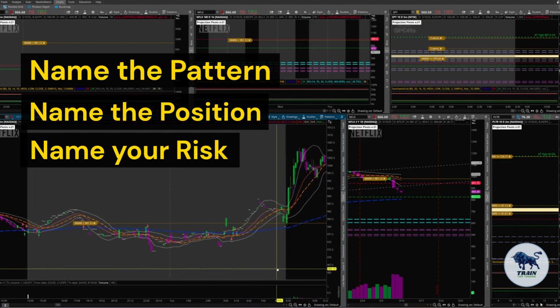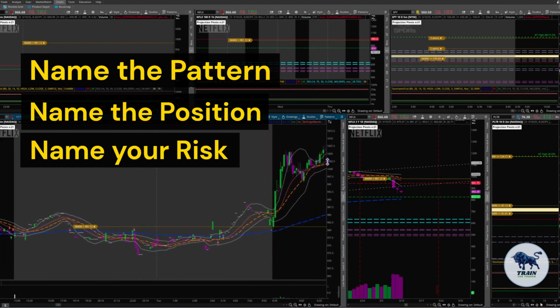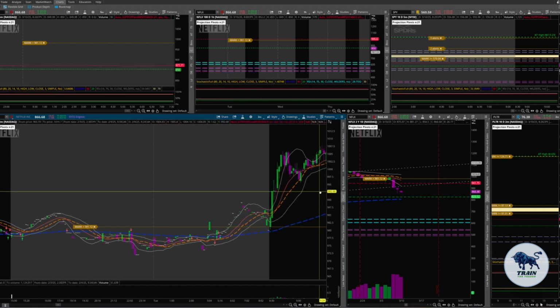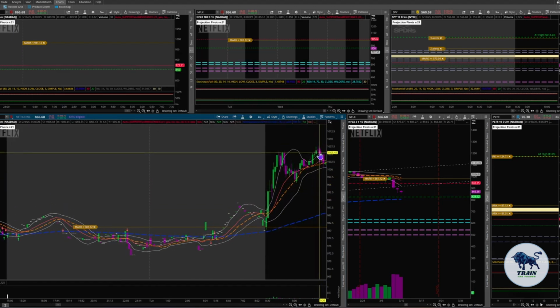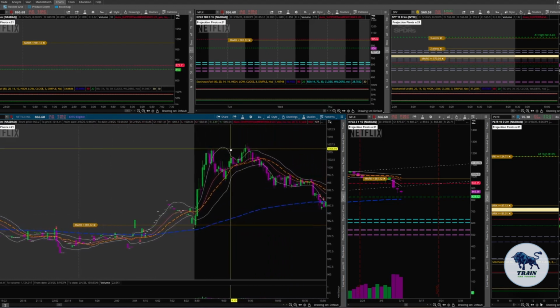Now, what happens? It gets to a position 3 state where it is wide. You see how far apart the 200 and the 20 are? Super wide. And then you get a sell candle, color change, a top wick right here at the top, and then a sell off from position 3.